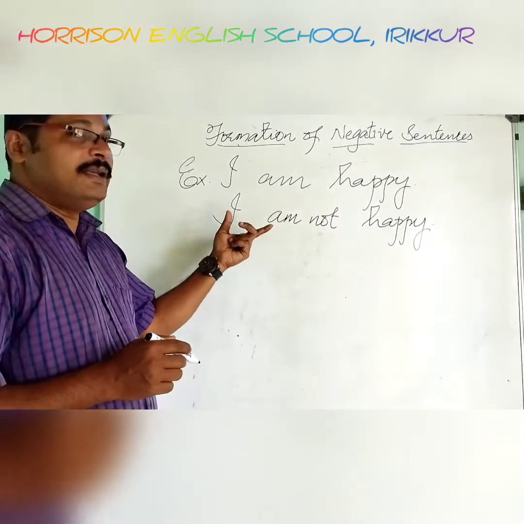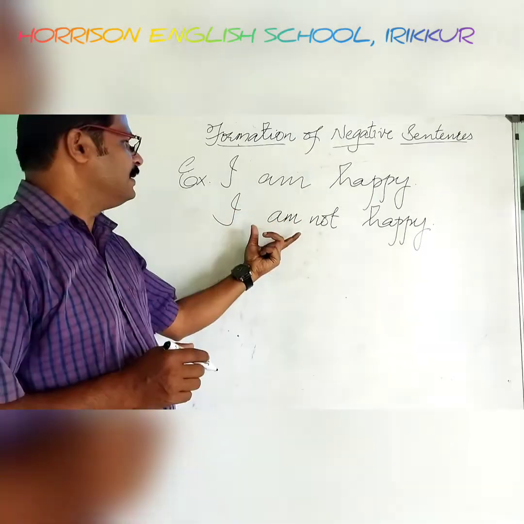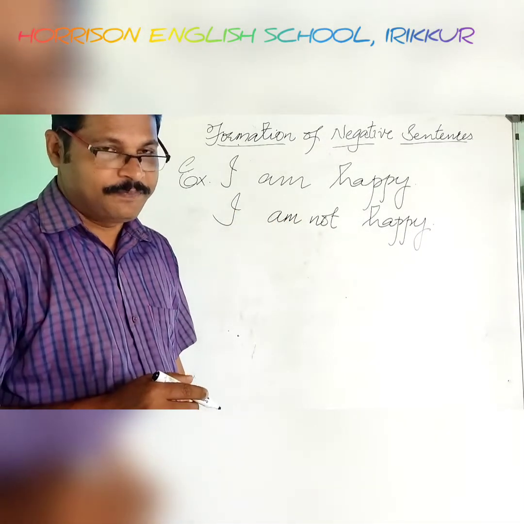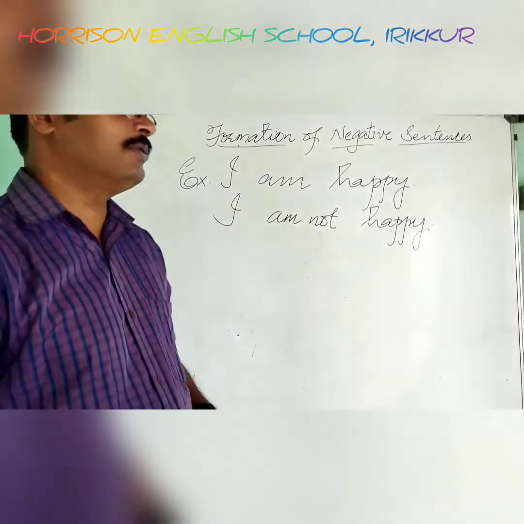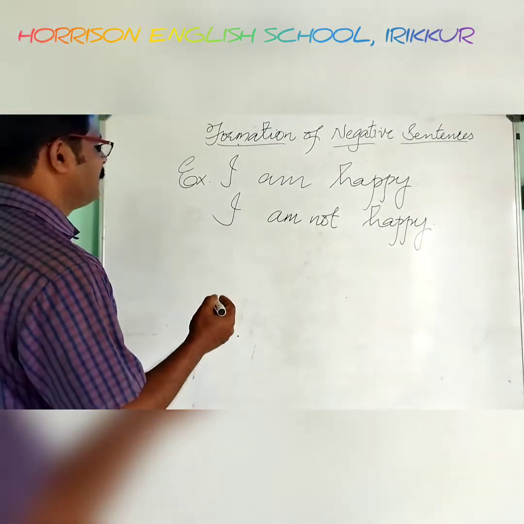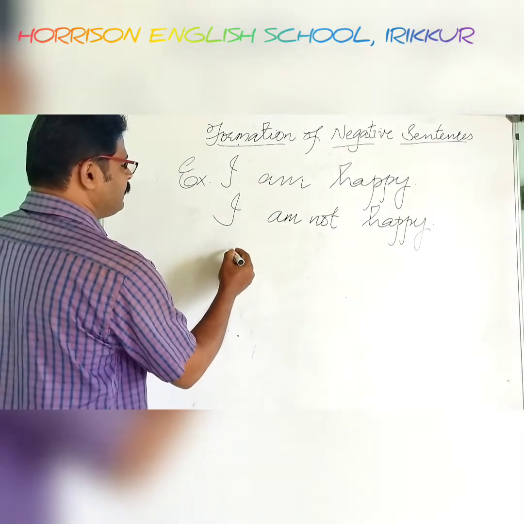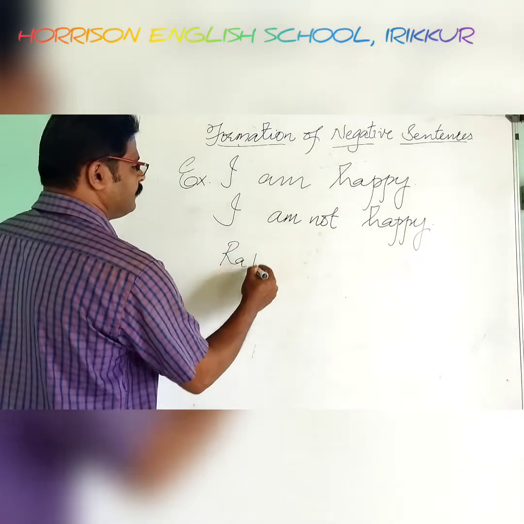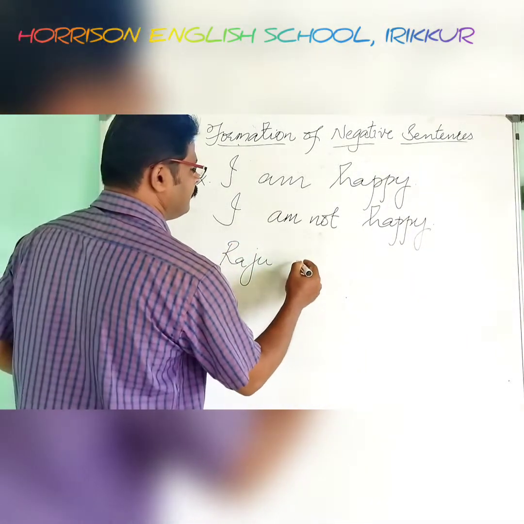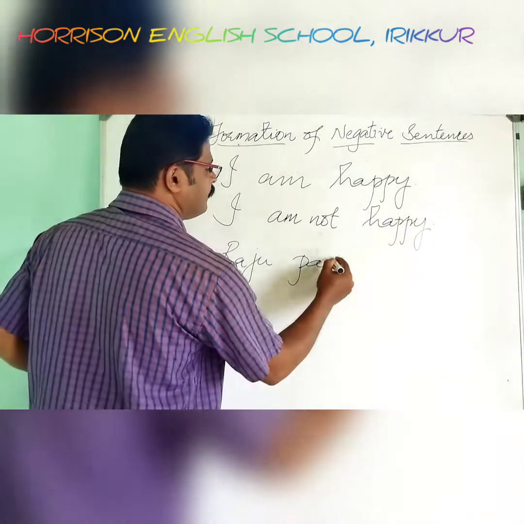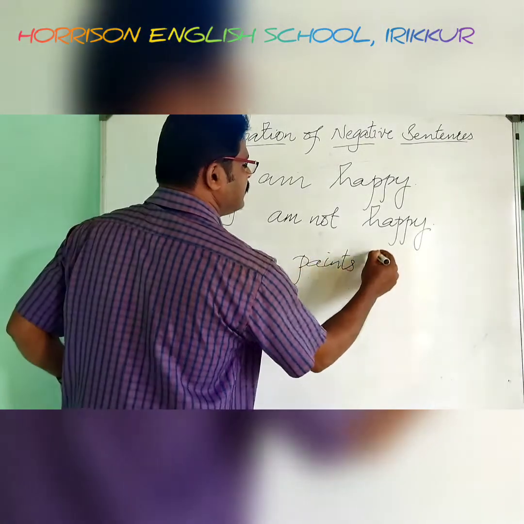See, when a sentence does not contain an auxiliary verb, how to make a negative sentence? That is very important. That is what we are going to discuss here. For example, Raju paints the wall.